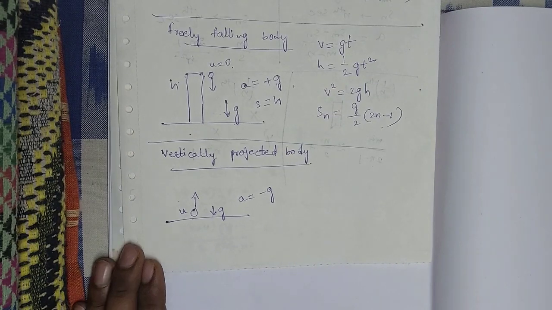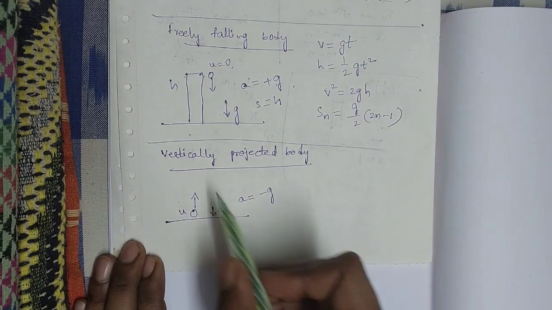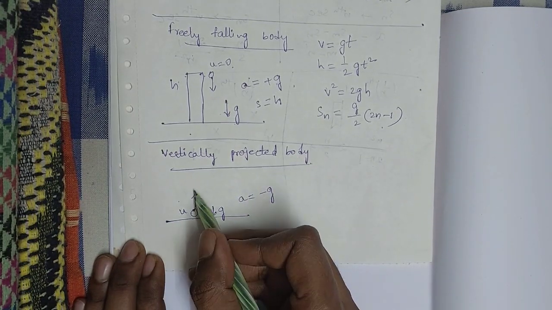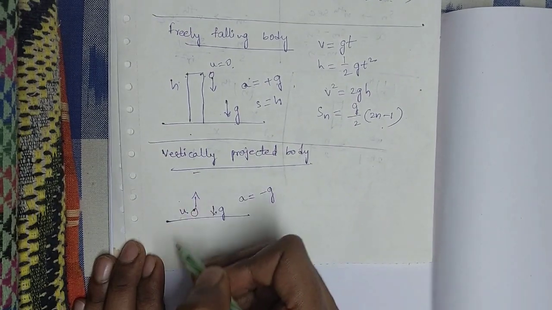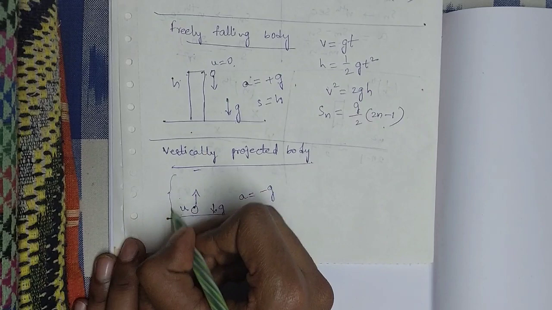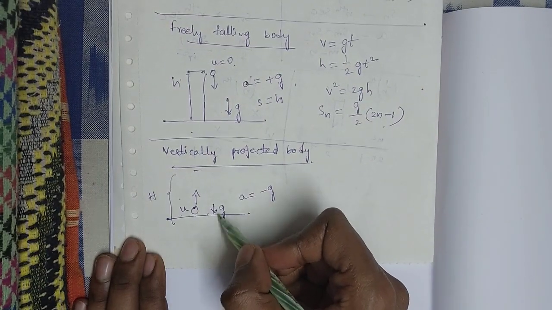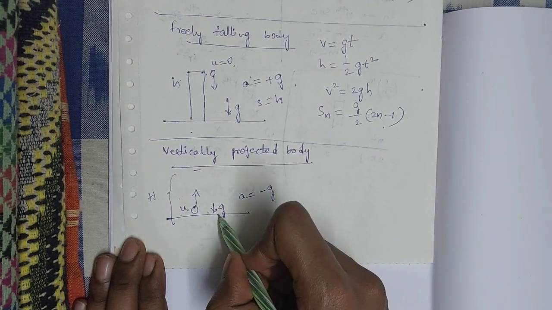Next case is vertically projected body. If the body is thrown vertically upward with the initial velocity u, and it attains the maximum height of h, the gravitational force will be directed downward, which is opposite to the motion of the body.